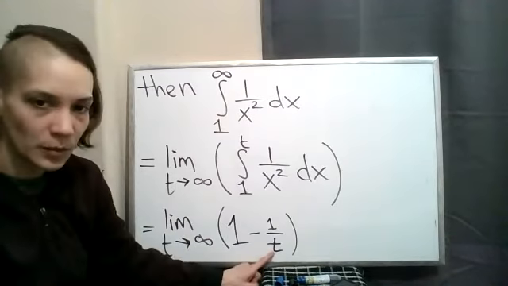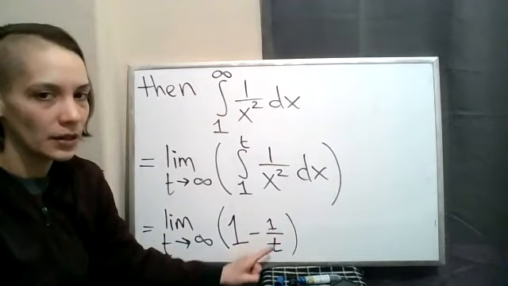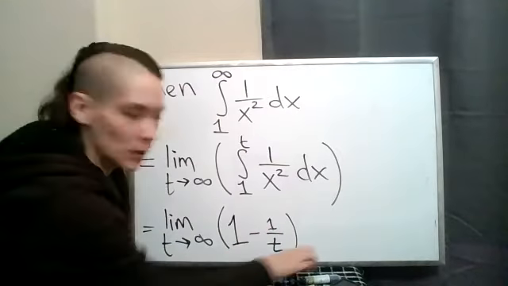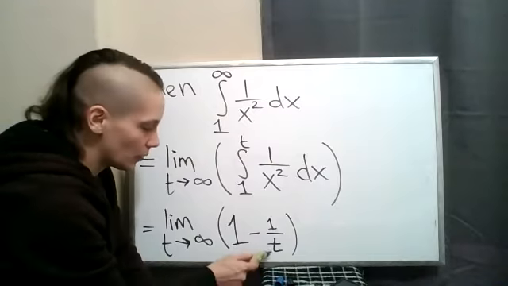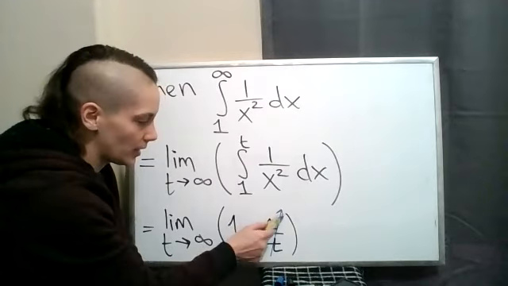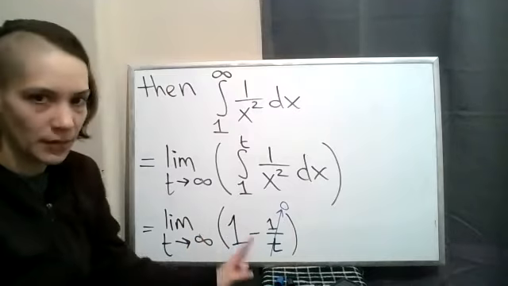As this number becomes bigger and bigger in the denominator, the value here goes to 0. It gets smaller and smaller. So 1 over big equals small, where that part there approaches 0. So this is 1 minus 0.